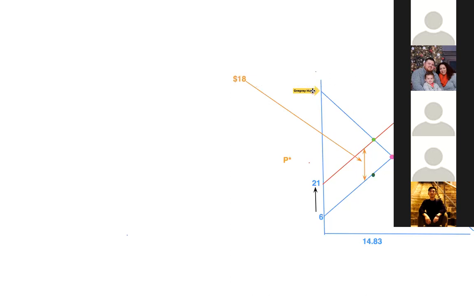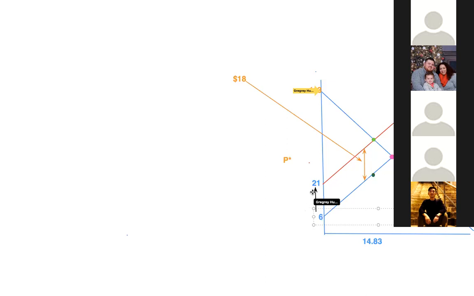And our demand curve, what's its vertical intercept? 113. Yeah, 113, right? And our original supply curve has an intercept where? 6.